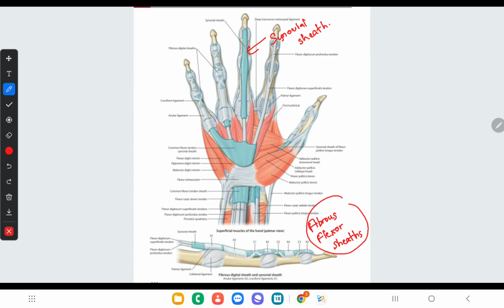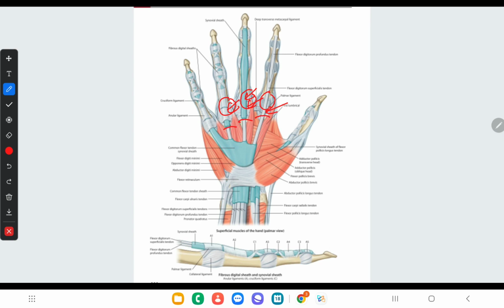Distally, you can see this fibrous sheath ends at the insertion of the flexor digitorum profundus tendon at the base of the distal phalanx. In the second, third and fourth fingers, the fibrous flexor sheaths and the synovial sheath do not extend beyond the metacarpal head.